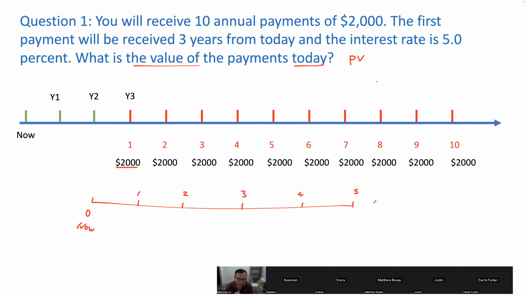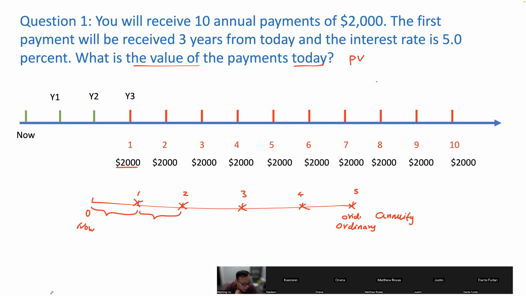If the payment happens at the end of each time interval, so for this time interval the payment happened at the end, and for this time interval the payment happened at the end, and for the same amount, this is called an ordinary annuity. So when the payment happens at the end of each time interval, that's called an ordinary annuity, okay?